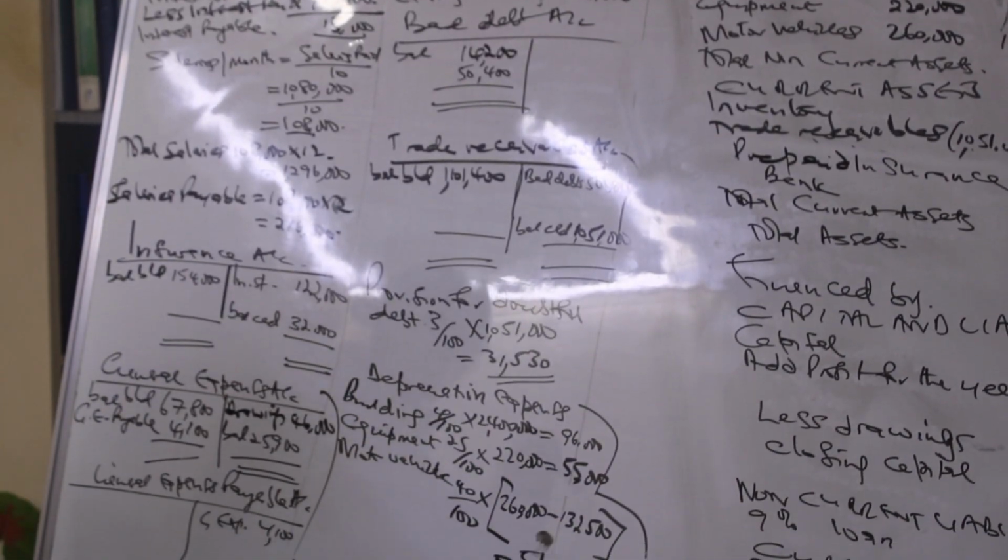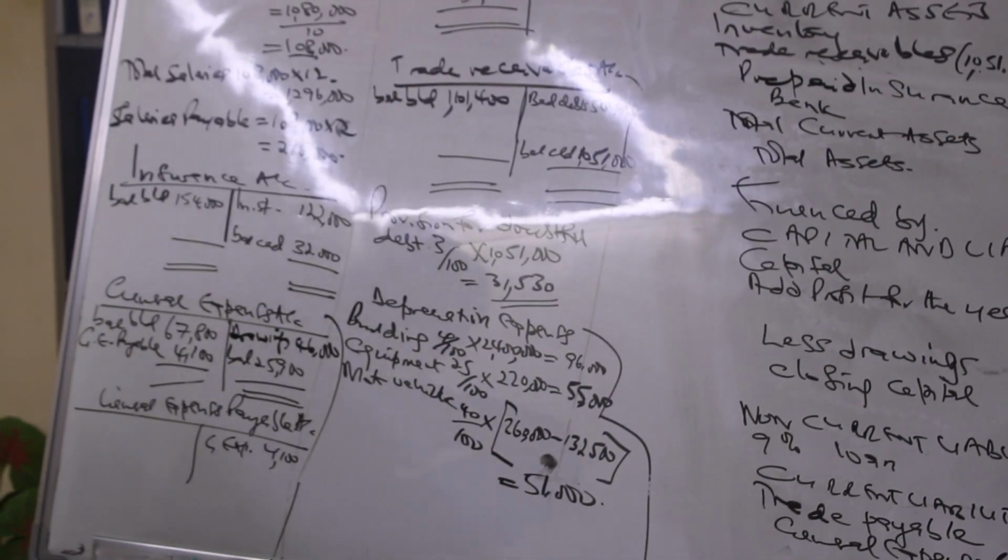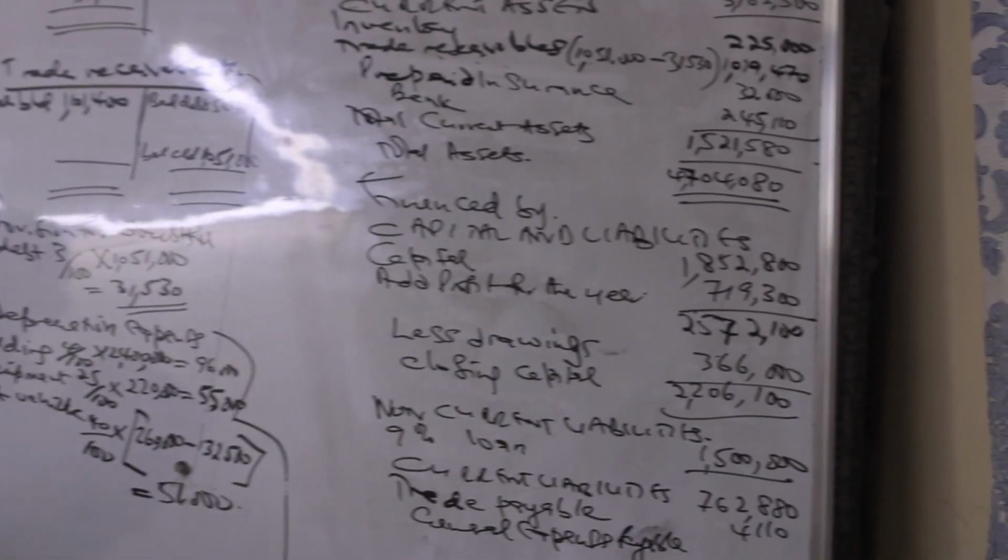Drawings, trade receivable, profit, depreciation. Then we look at the trial balance and we check whether there are any other payables.